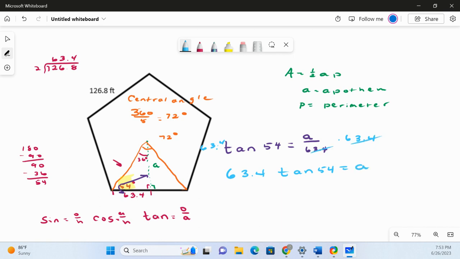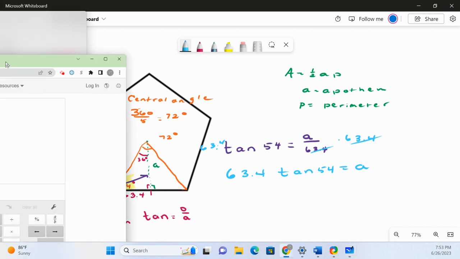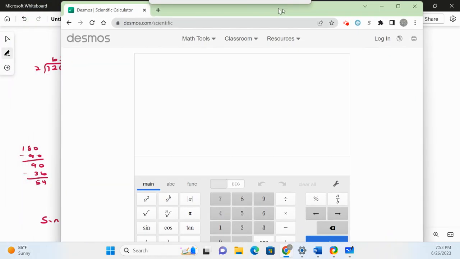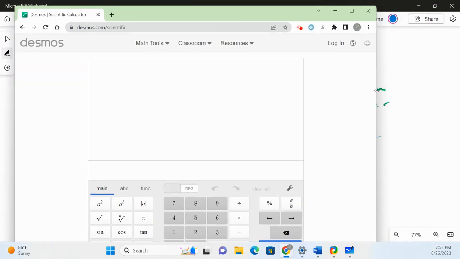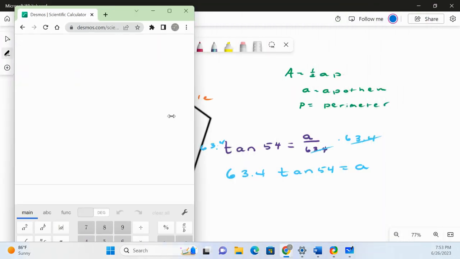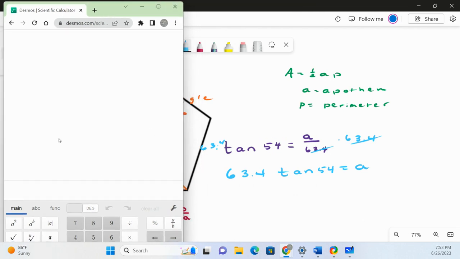Now, how do I calculate that? Well, that's as simple as pulling out your calculator. If you're not using Desmos, I strongly urge you to use Desmos. Desmos is the best calculator for this. And we're just going to type that in just as it's written. So I'm going to type in 63.4.